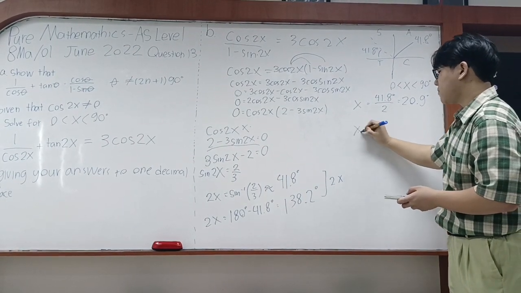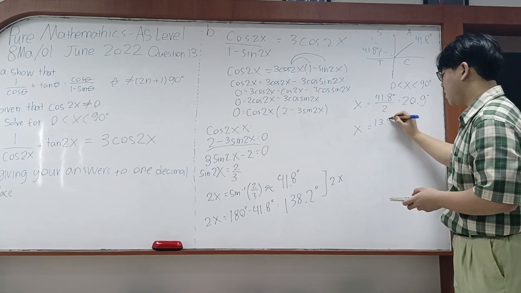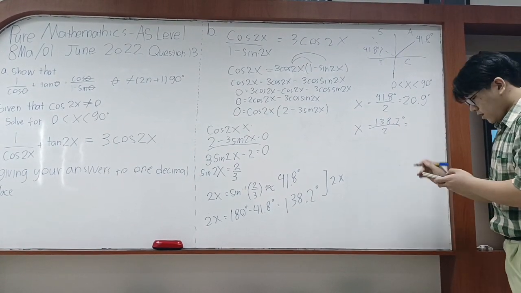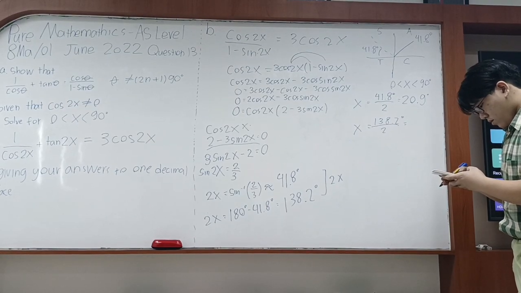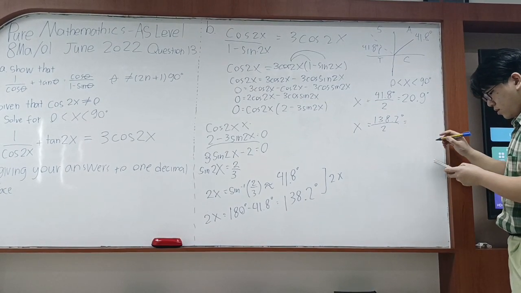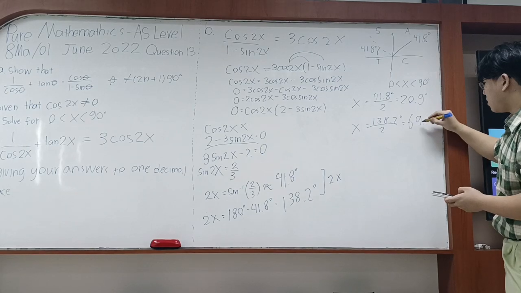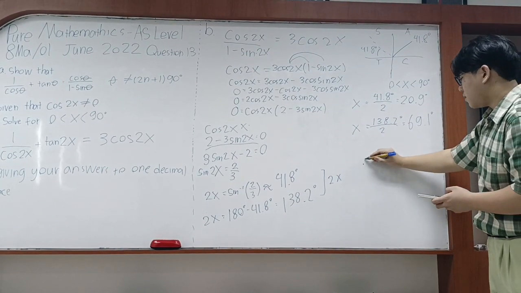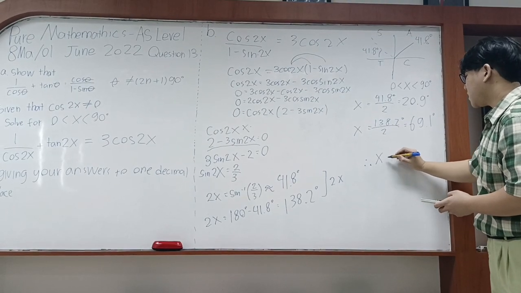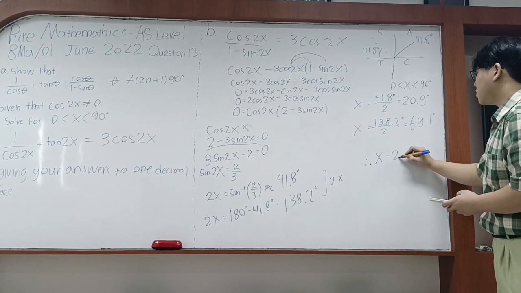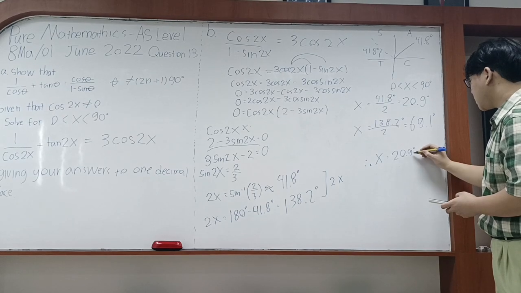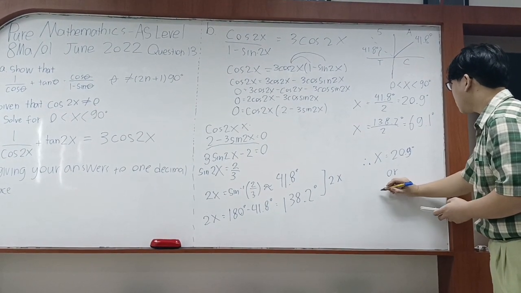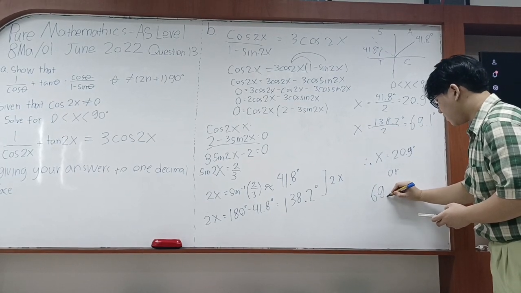And for the second x, it's going to be 138.2 degrees divided by 2, which will give us 69.1 degrees. Therefore, the values of x are equal to 20.9 degrees or 69.1 degrees.